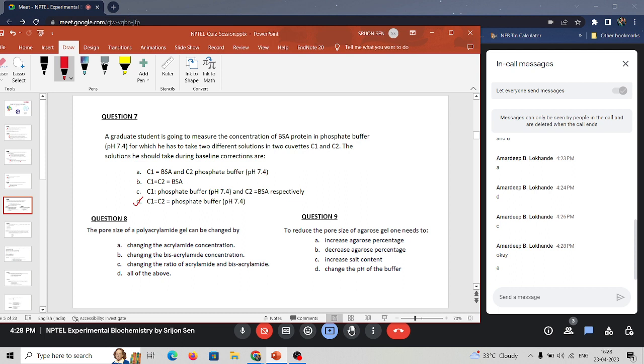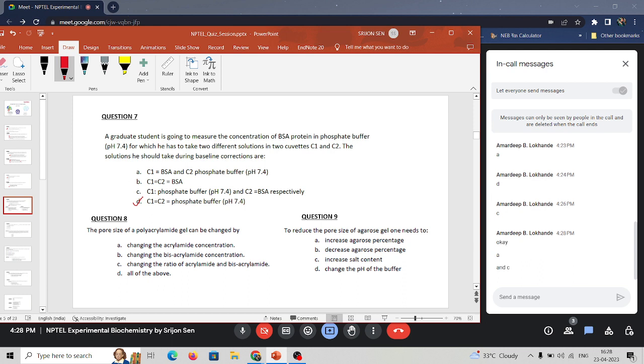Okay, any other? Very good. By changing the acrylamide concentration and changing the ratio of acrylamide and bisacrylamide. Very good. Both are correct options.